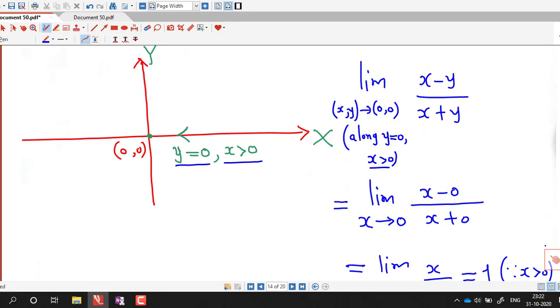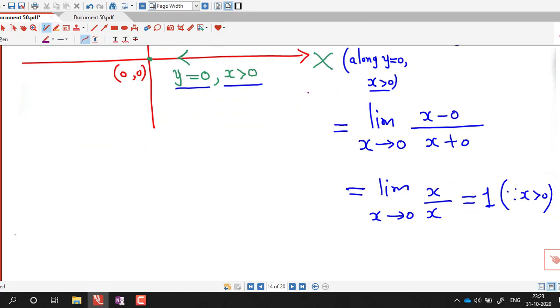Now we check the limit along the positive y-axis. That means along this path. Along the positive y-axis, we know that x is 0 at any point on the y-axis, and because we are going in this direction, y is positive. So now we examine the limit along the positive y-axis.